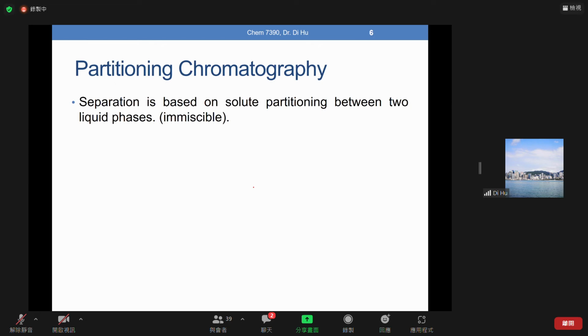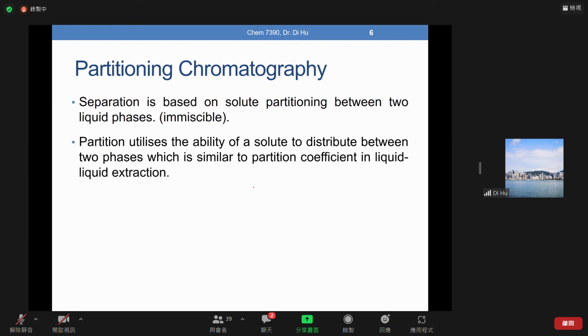Okay, and for partition chromatography, this is the one we often use. The separation is based on the solute partition between two liquid phases. One liquid phase is chemically bonded on the supporting silica particle, the other is the mobile phase. The two liquid phases should be immiscible, same as in liquid extraction and partition. So partition utilizes the ability of the analyte to distribute between the two phases, which is similar to the partition coefficient in liquid extraction.